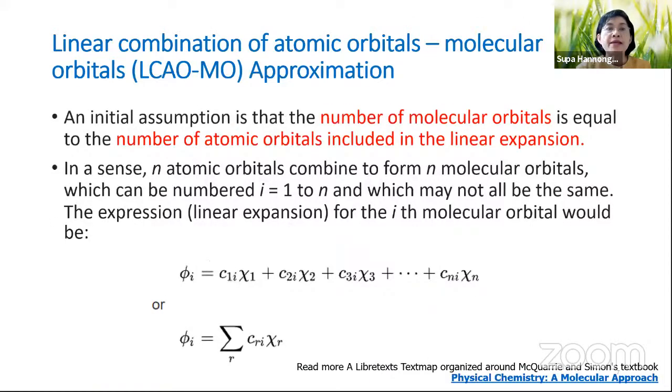So based on this kind of Slater determinant, the linear combination of atomic orbitals can be proposed in order to construct the molecular orbital. As I said earlier, this is the LCAO-MO approximation, which is the main part of our lecture today. We will focus on the LCAO-MO approximation.